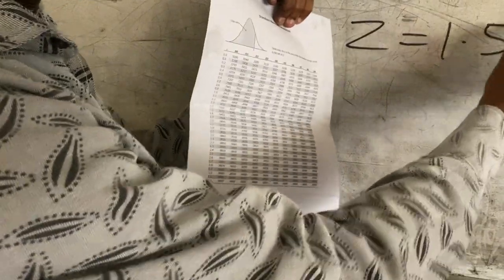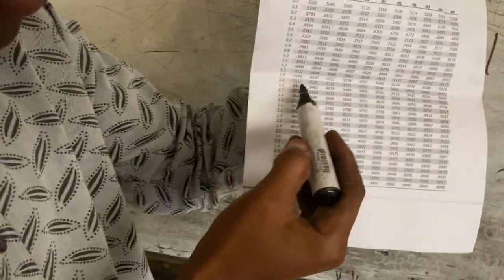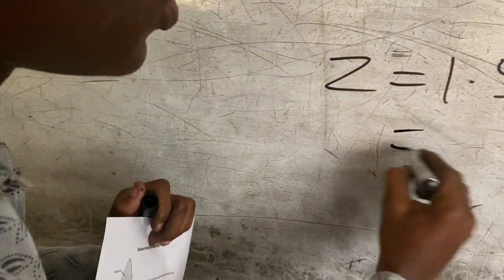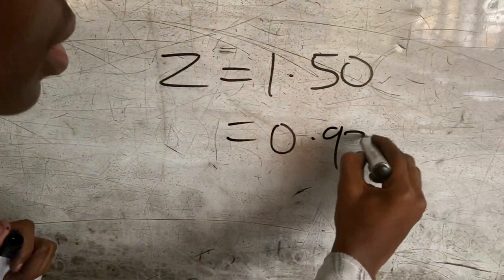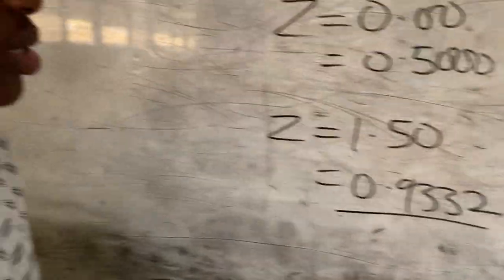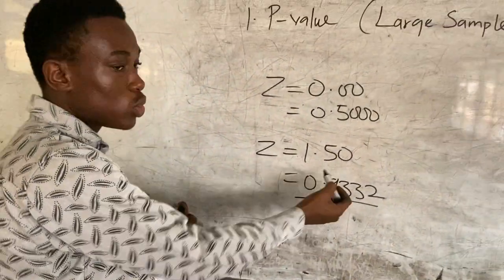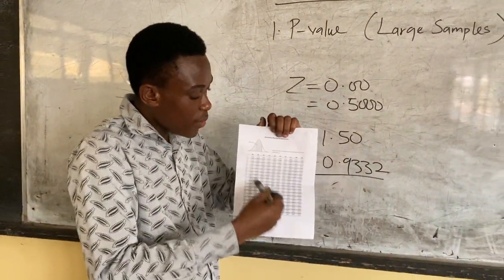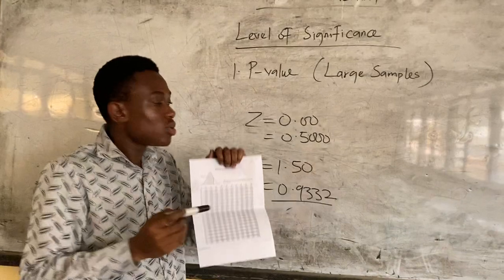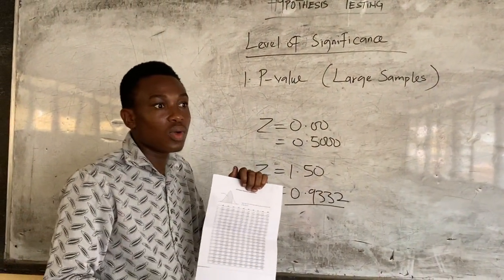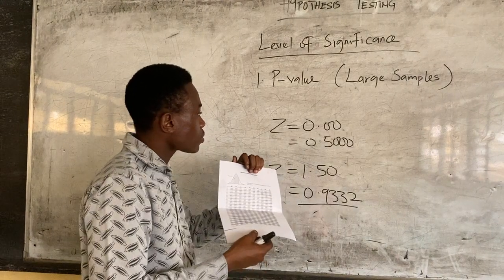So that is 1.50, and that gives us 0.9332. So this is our p-value for z equals 1.50. So the p-value is simply the area or the value of any z-score that you get when looked up on the z-table. That's our p-value.